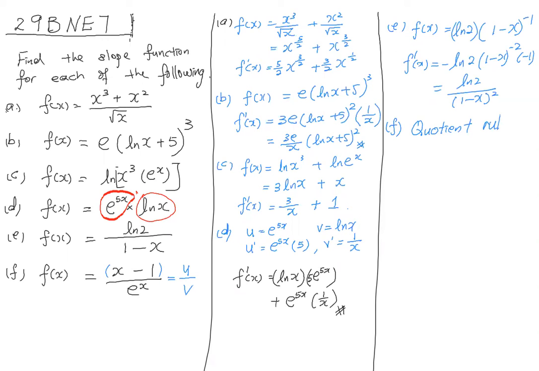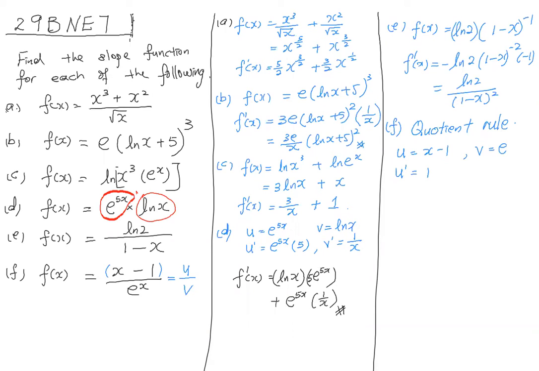Quotient rule is for quotient, that means division of two functions. The top we call it u, the bottom we call it v. So you got your u, that is x minus 1. You have to get your u prime also. That is 1. Okay, then the bottom there, we call it v.